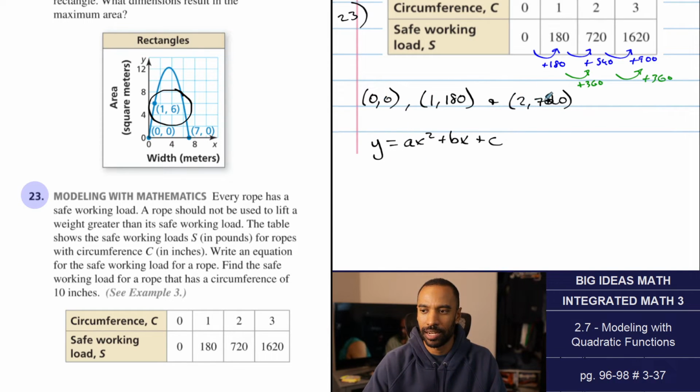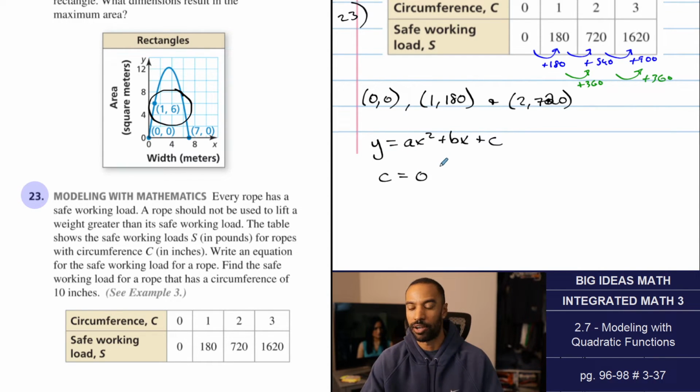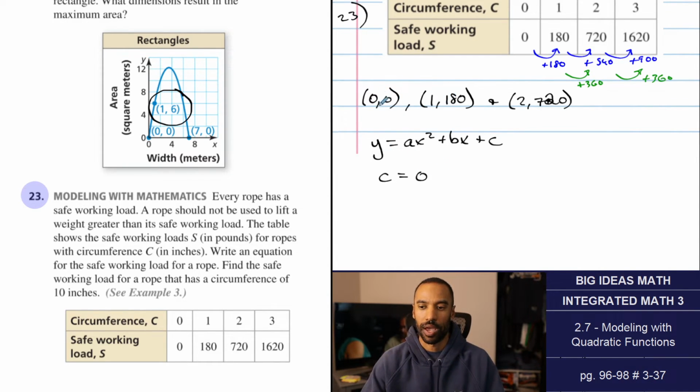So when I plug in, I'm going to do this one first. When I plug in 0 for x, I'm going to get a times 0 squared plus b times 0 plus c equals y, which is 0. That's awesome. I already know what c is in this thing. That's why I like choosing that point. When I plug in 1 for x, I'm going to get a times 1 squared, a, plus b times 1, b, plus c equals 180.